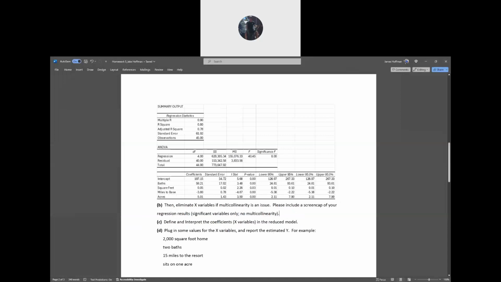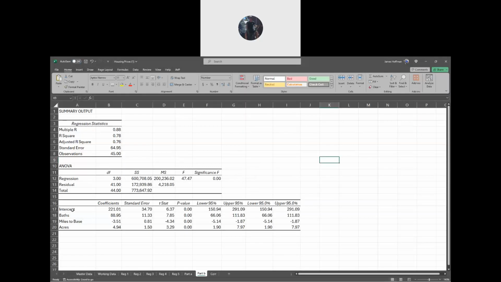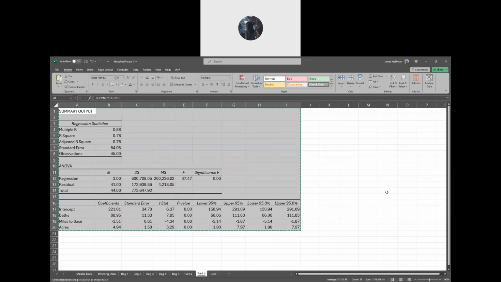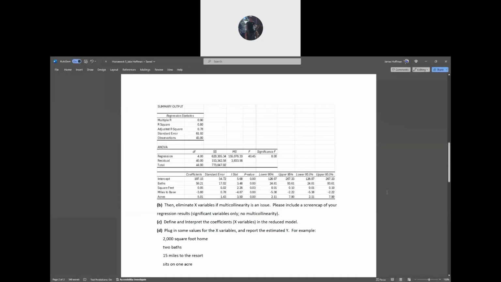Include a screen cap with the significant variables that don't have a correlation, which would be this one. Okay, just Bass, miles to base, and acres. So this goes in for part B, right? We took out square feet. So we'll put this one for part B.